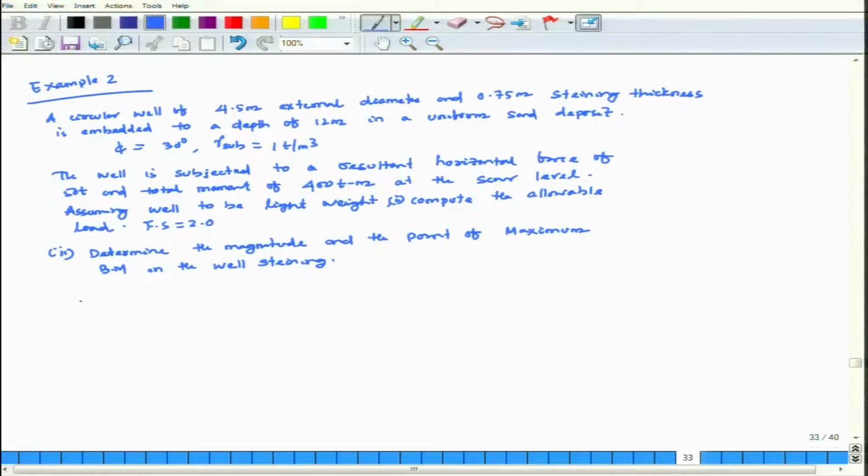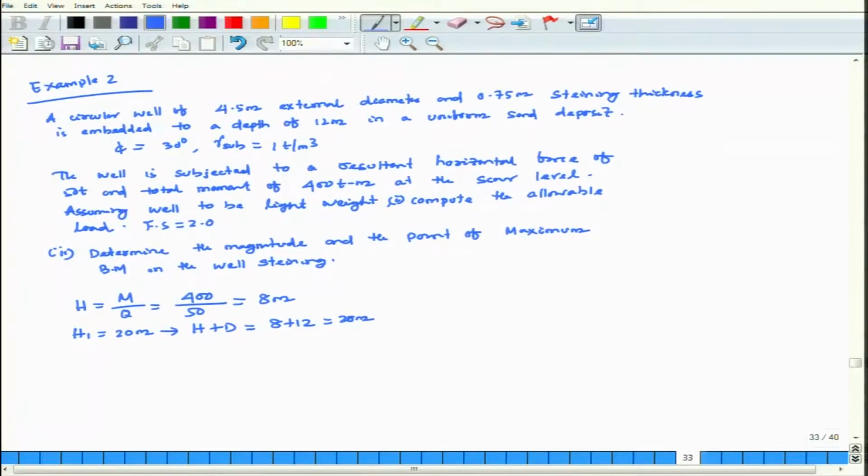Now h is equal to M by Q, which is equal to 400 by 50, which is equal to 8 meter. h1 is equal to h plus d, which is 8 plus 12, equal to 20 meter.